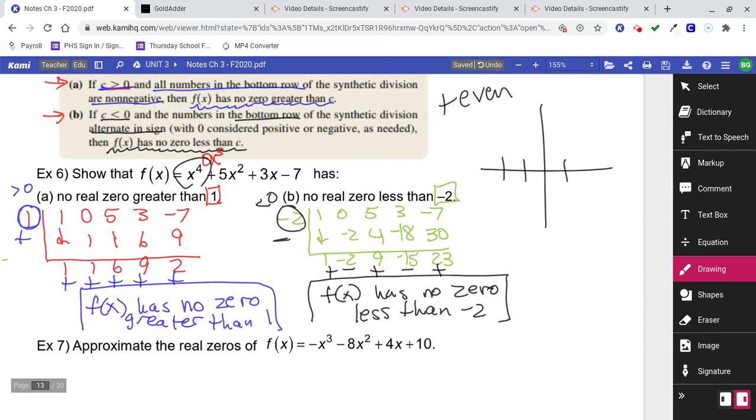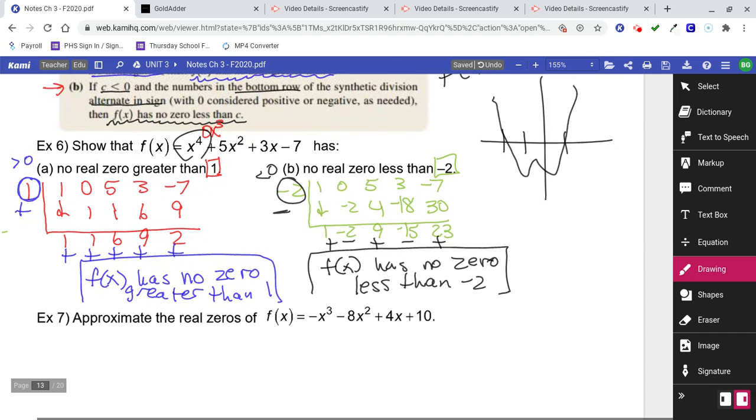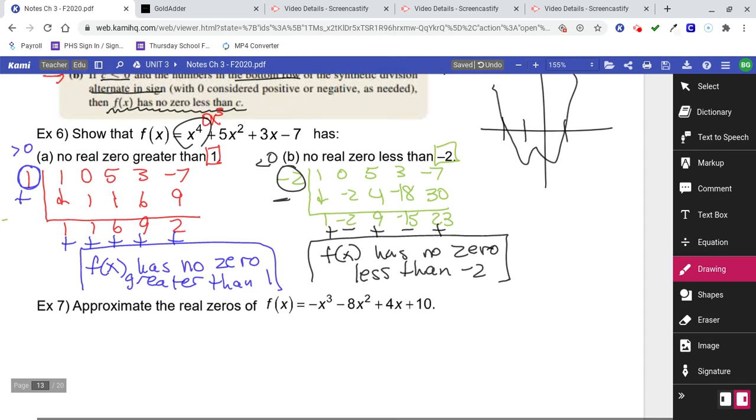So I know it's going to do something like that. Okay, it kind of sets a range for where this thing crosses the axis. I'm not even sure if that's exactly what it looks like, but it's fairly close. All right, it's going to be in between positive 1 and negative 2.